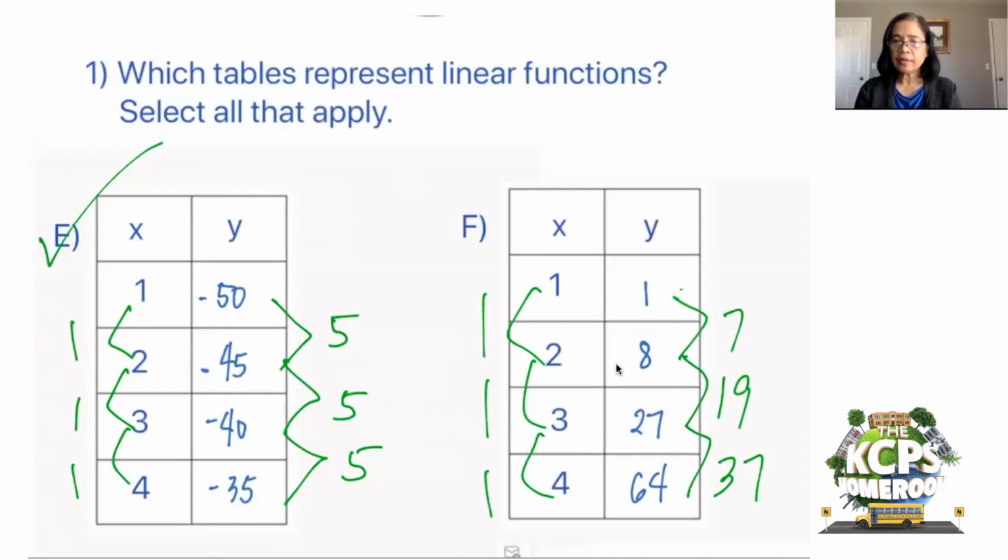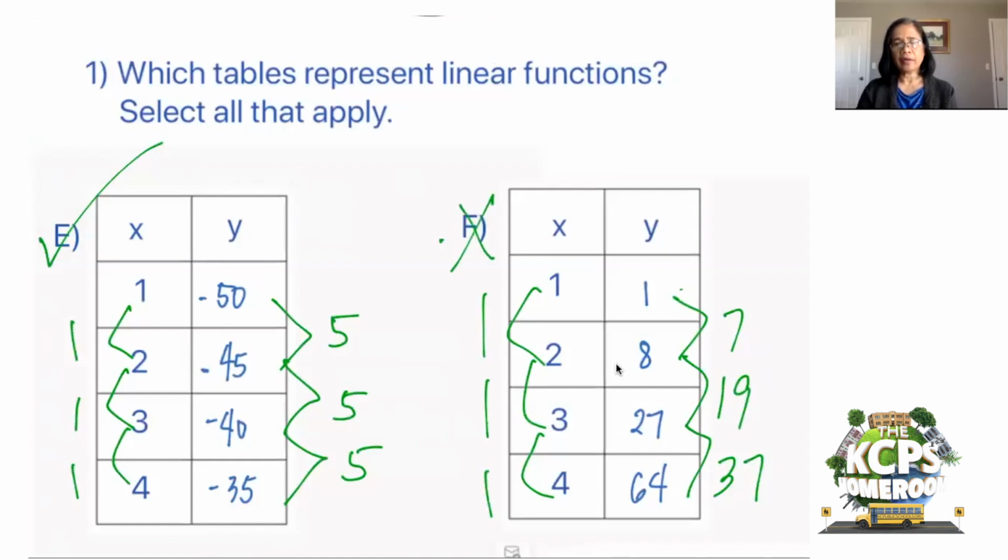Could you double check? Later on, you might discover that this will represent a different type of function. If you have 1, 8, 27, 64, this is not a linear function, so we cross this out.